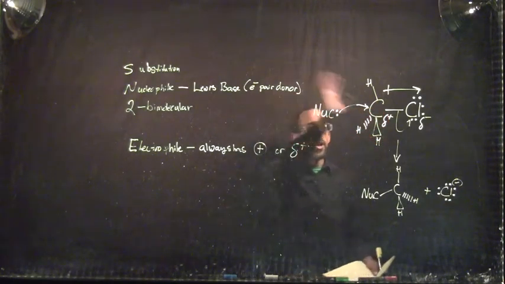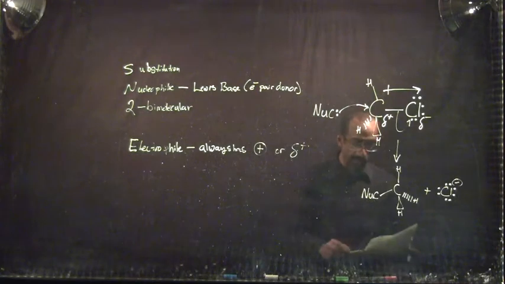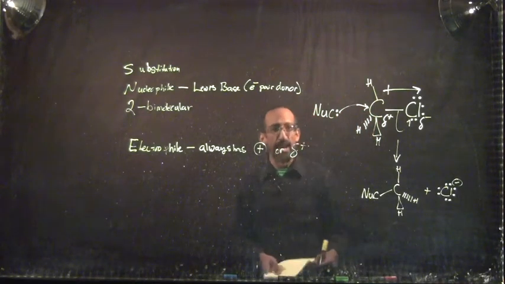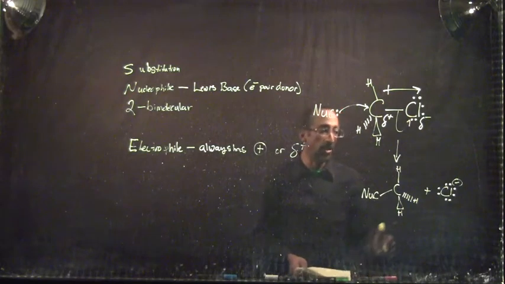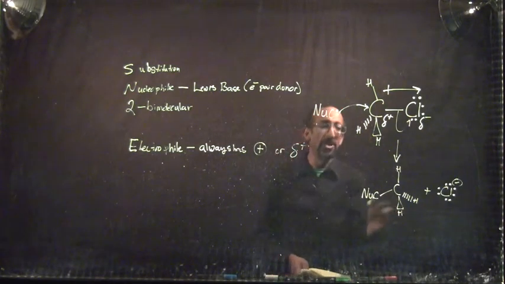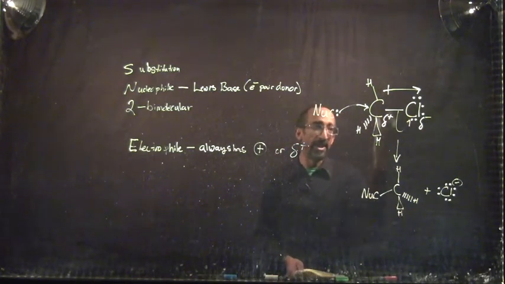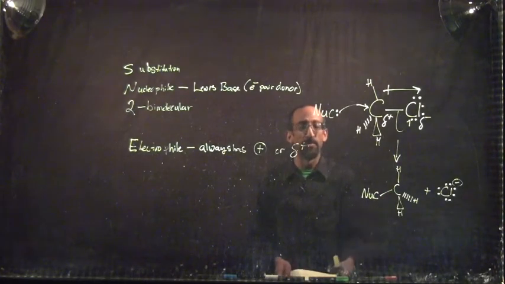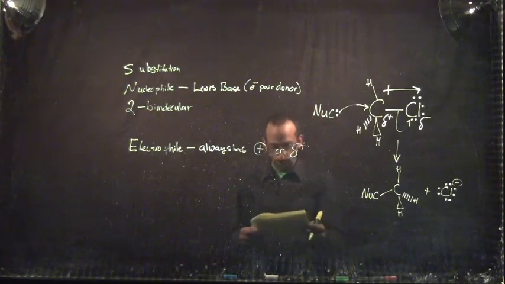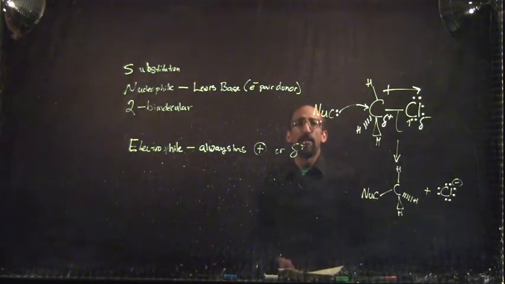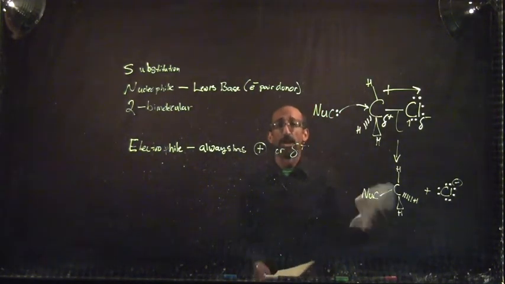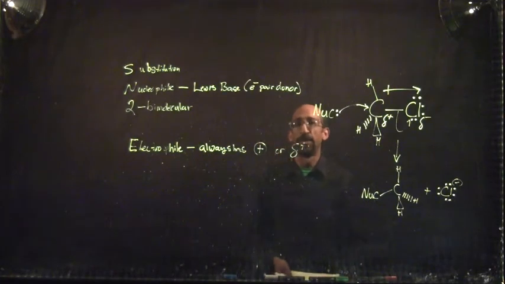So this is the overall one-step transformation of the SN2 reaction. A nucleophile attacks an electrophile to displace a leaving group and generate a newly substituted or differently substituted carbon atom. So I'm going to erase what we've got here and then get into a little bit more detail talking about the properties of this transformation.